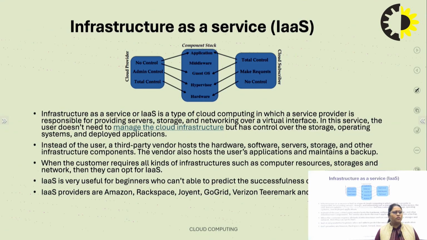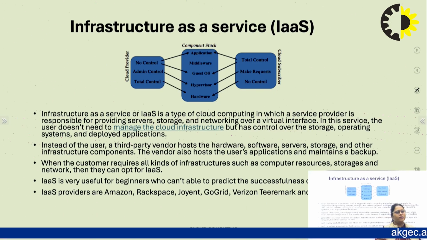So, instead of the user, third-party vendors, or we can say the cloud provider, manage the hardware, software, and the whole infrastructure components, and they also host the user applications and maintain the backup facility. We can say that everything is managed by the cloud provider. It is very useful for beginners.